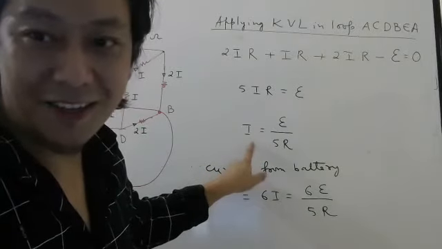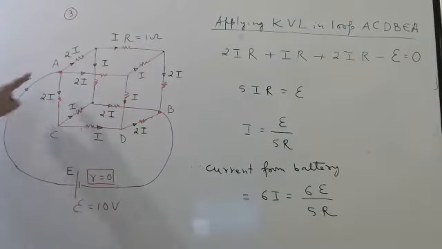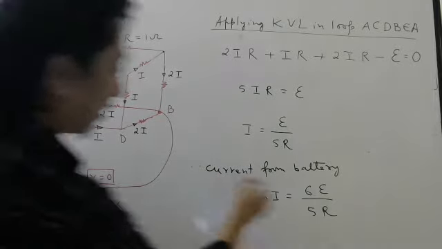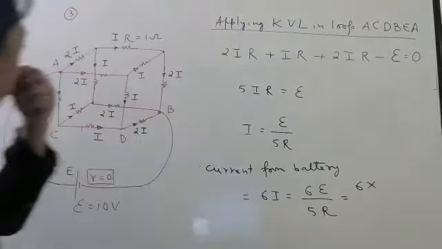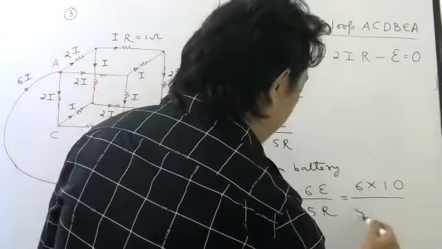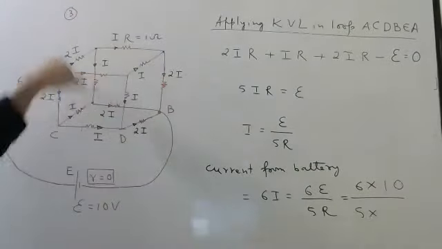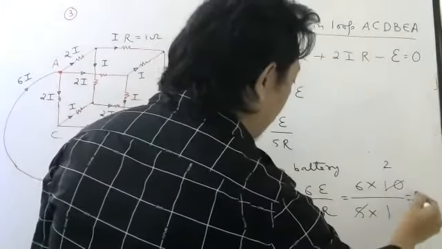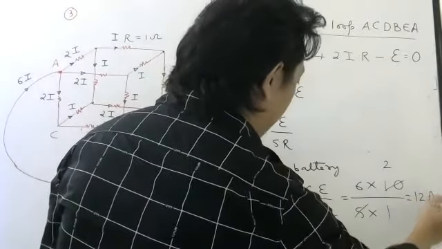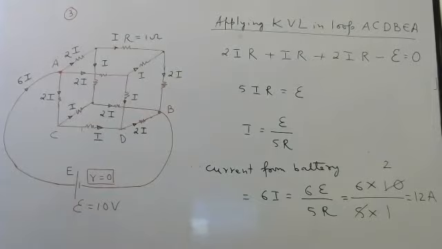We want the current from the battery, so I want 6I. That will be equal to 6 into the EMF, which is 10, divided by 5 into the resistance, which is 1 ohm for each one. So the answer is 12 amperes. So current from the battery is 12 amperes.